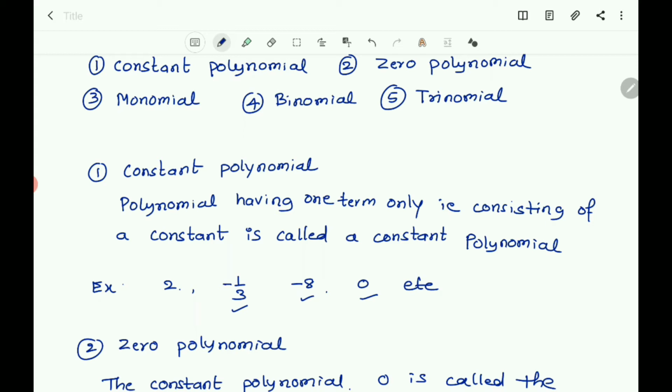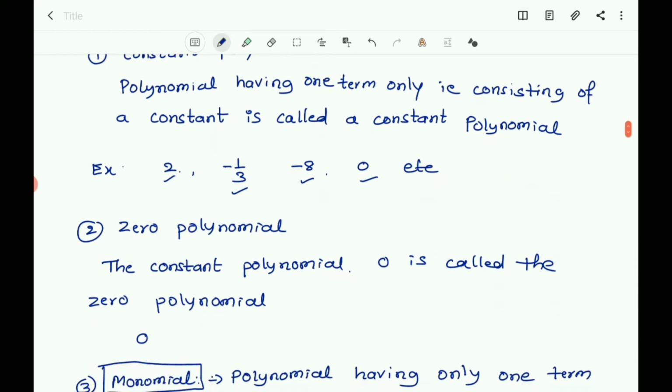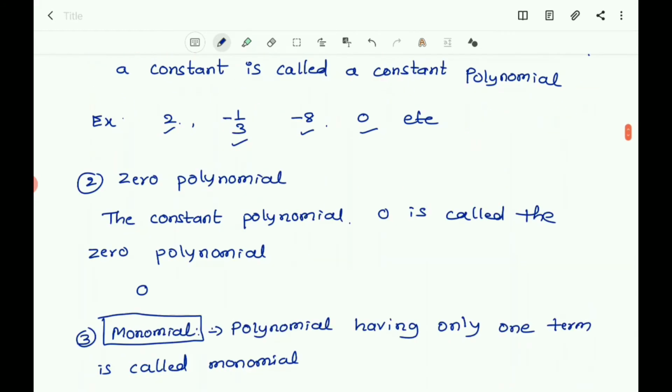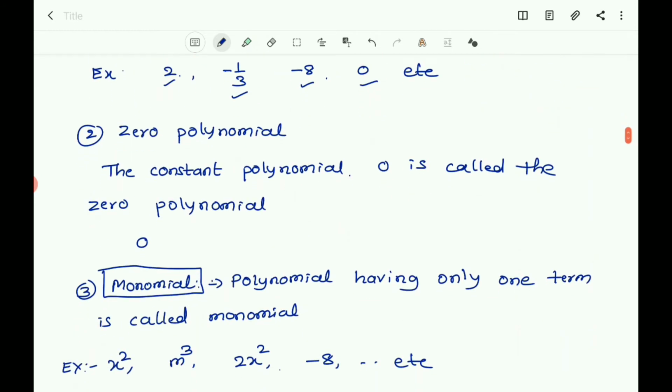So what is the speciality here? There is only one term, and that term is a number, that is a constant. In this way, a polynomial having one term that is a constant, that is a number, is called a constant polynomial. The next one is the zero polynomial. So what is a zero polynomial?